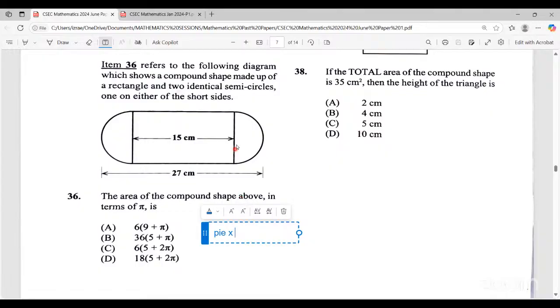So each radius is 3.5. Did I say 7? I made an error. Sorry about that. 15 from 27 actually is 12. My bad. So it's 12, and the radius will be 12 divided by 2. That'll be what? 6. All right, so radius is 6.